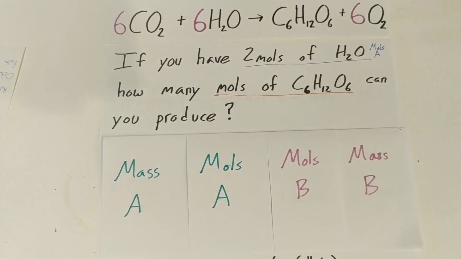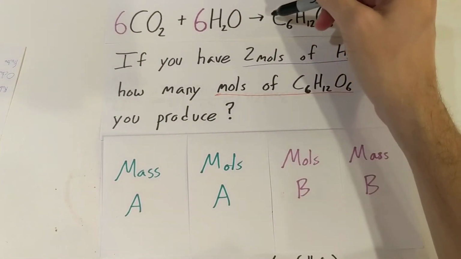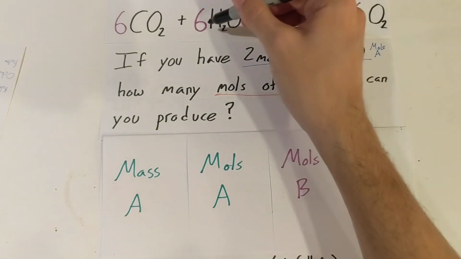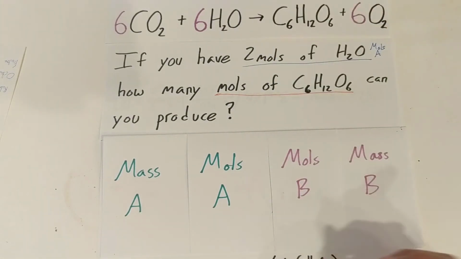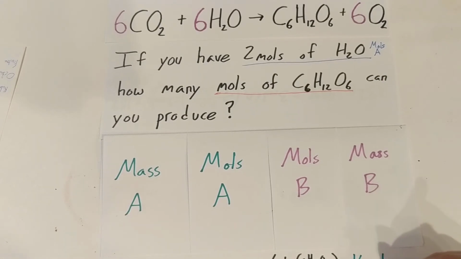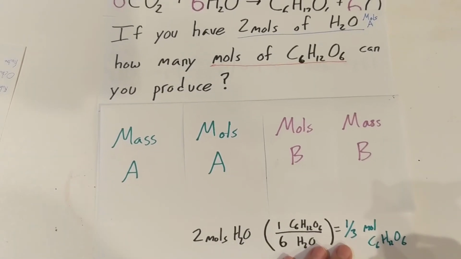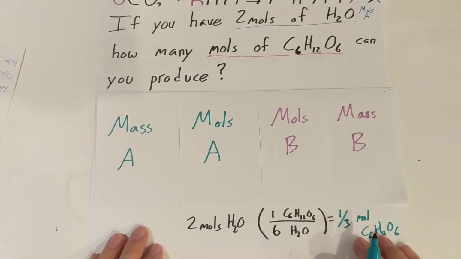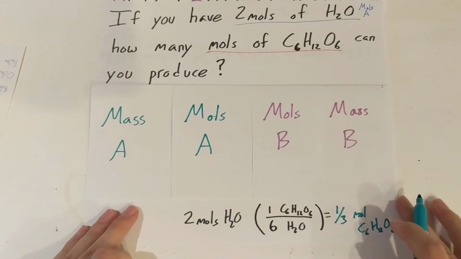And then we just throw our coefficients in there. So if there's no coefficient, that is 1. And water has a coefficient of 6. So this would be 2 moles of water times 1 divided by 6 would be 1/3 of a mole of C6H12O6. Let me move all this up so you can see it. Oops, I don't think you saw that the whole time. So that's what the work would look like.